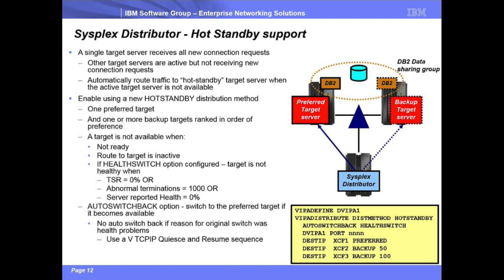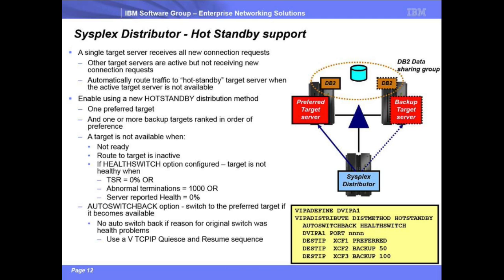If the preferred target became unavailable, then if an auto switchback option is configured, the preferred target is used again when it becomes available, as long as the original reason for the switch was not because of health problems. The assumption there is that if it's a networking issue or the server wasn't available, it makes sense to switch back to that preferred target when it becomes available.